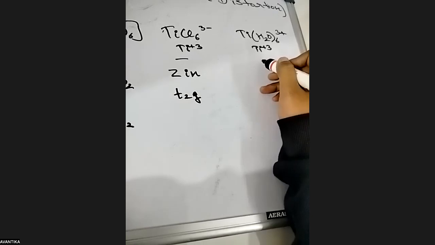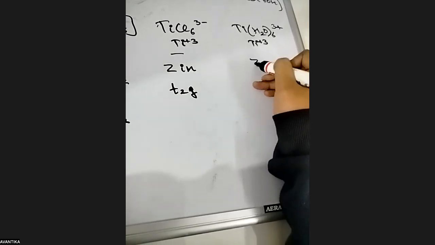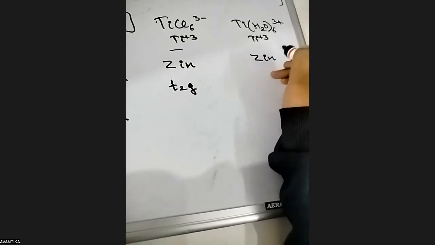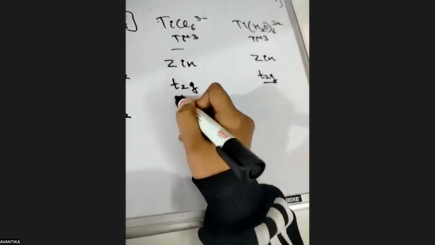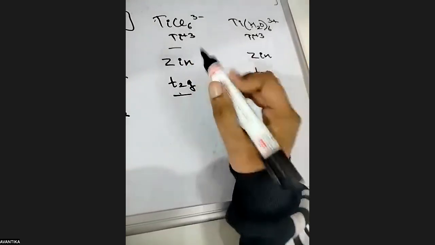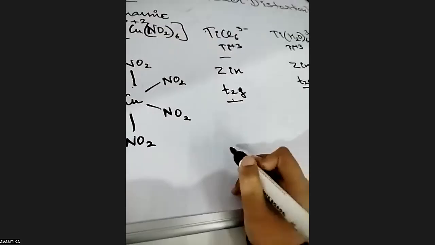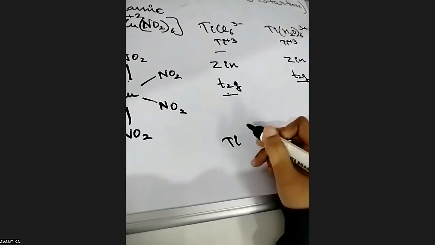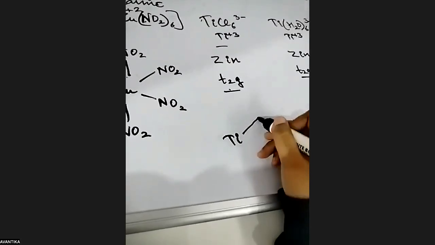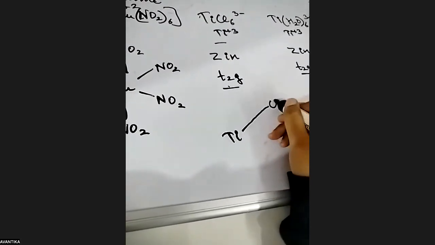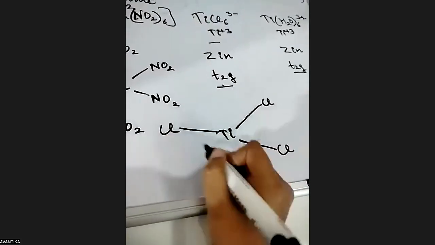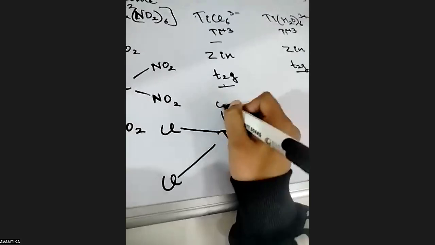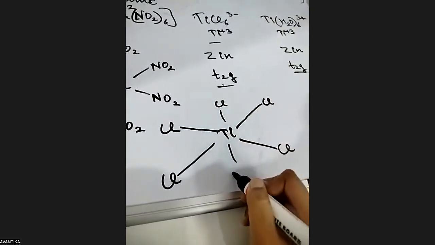Here also Z in JTD occurs because it is also t2g unsymmetrically filled. But in case of [TiCl6]3-, we have observed that the bond length along the X and Y axis is more as compared to the Z axis.